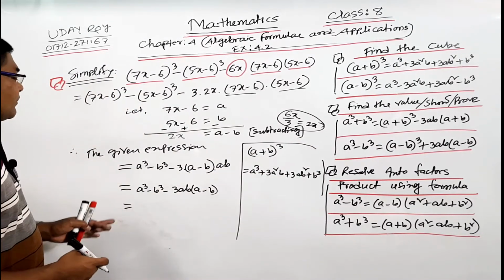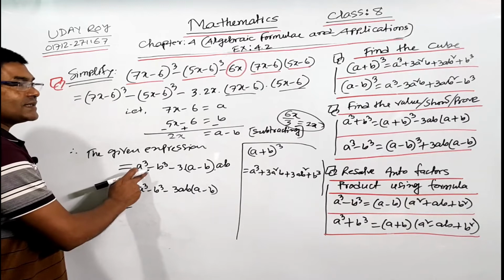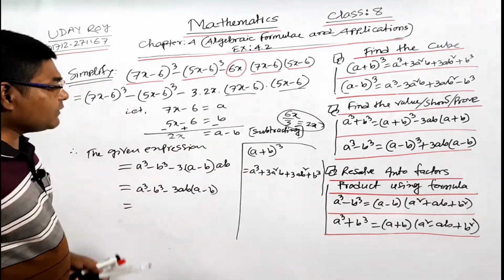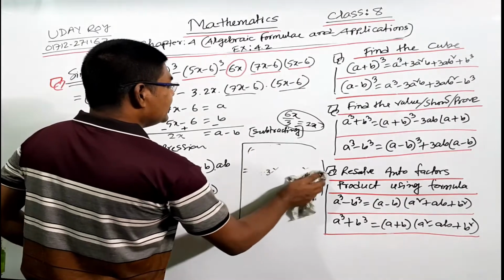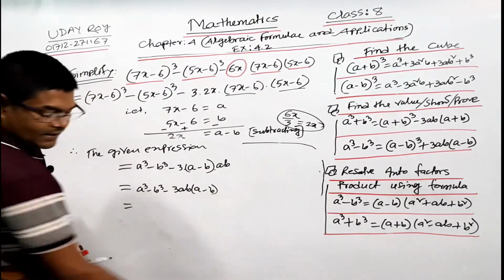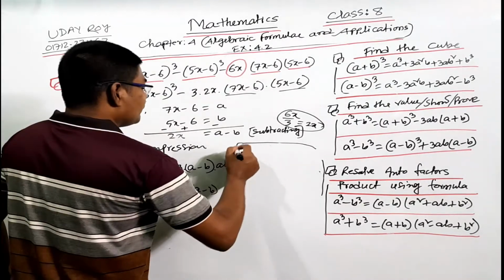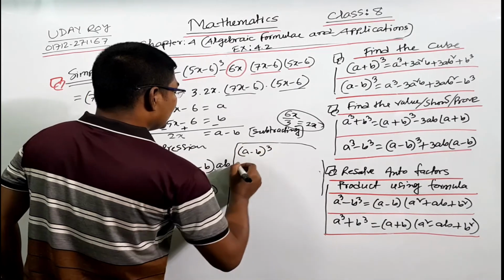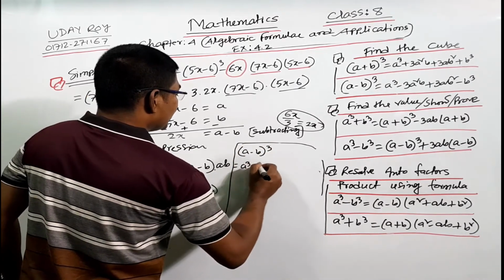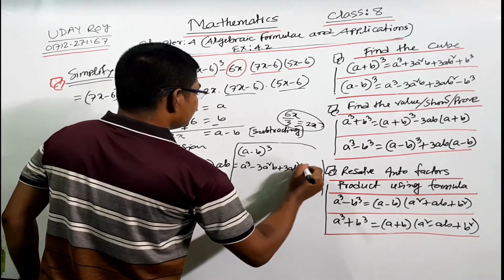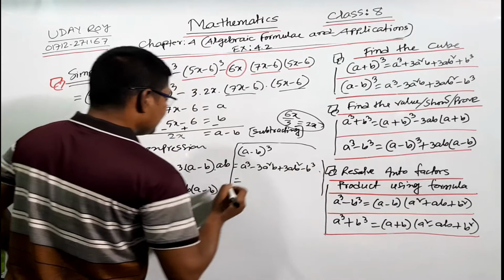Why are we doing this? This is minus, so you have to write minus here, because this is described by minus. So a minus b whole cube equal to a cube minus 3a square b plus 3ab square minus b cube.